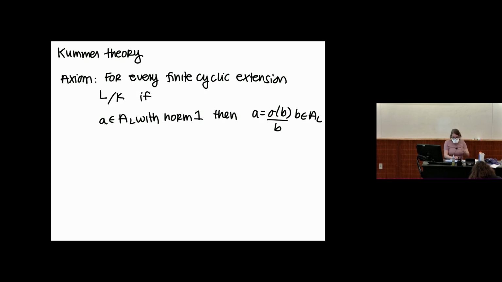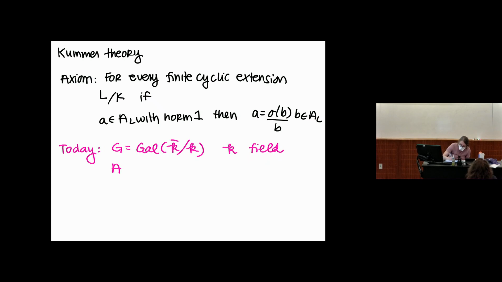And today I want to do a very specific example of Kummer theory. Today we'll have the group G be the Galois group of some separable closure of some field, and the set A still be just K bar cross.